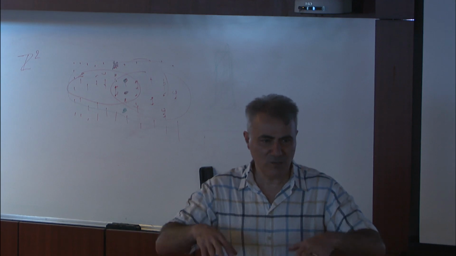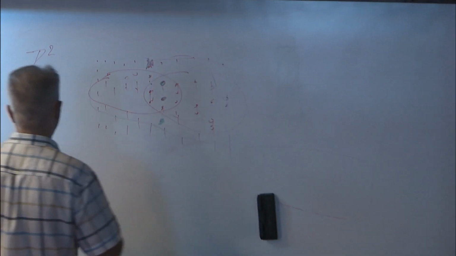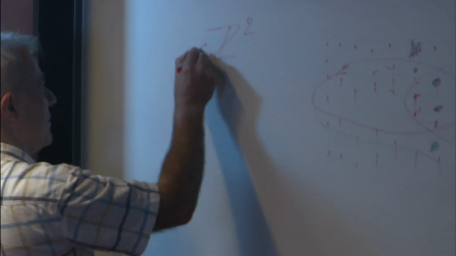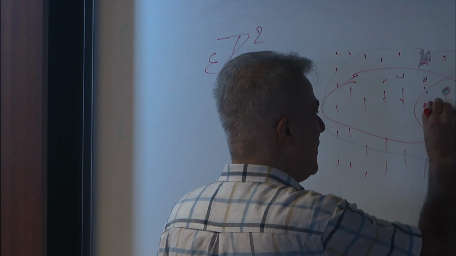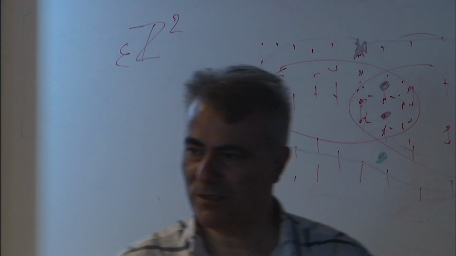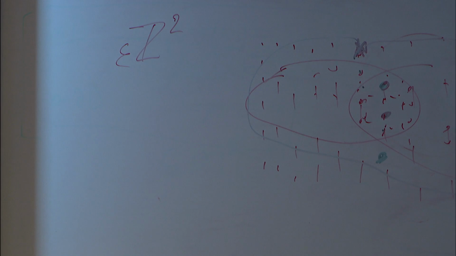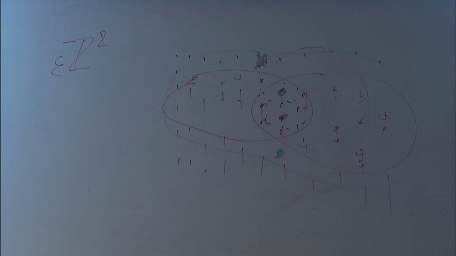Now we can think that more measures are coming, so instead of Z2 we think of epsilon times Z2. The mesh is much smaller, so you have a bunch of points here. As epsilon goes to 0, the number of points becomes larger and the domain becomes more pictorial. Eventually what happens is a very nice and fine shape that I have here.